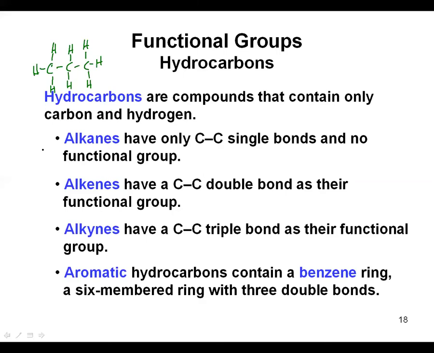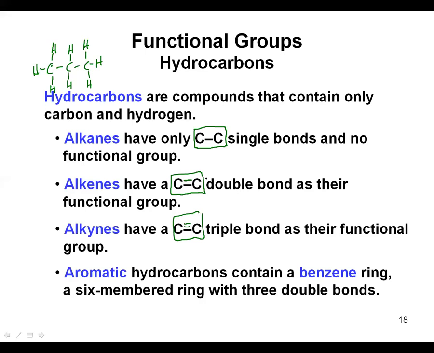So these are the first 3 classes of organic molecules. Again, the functional group for an alkane is all carbon-carbon single bonds. If you have an organic molecule that has at least one carbon-carbon double bond, it then becomes an alkene. You have a carbon-carbon triple bond like we were talking about on the other slide, it is an alkyne.